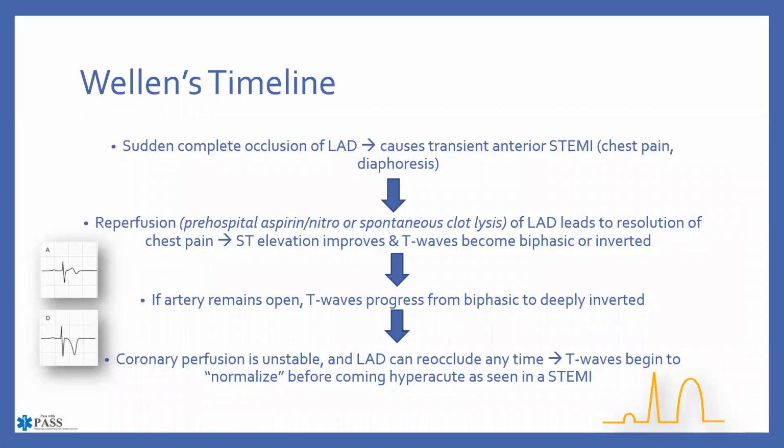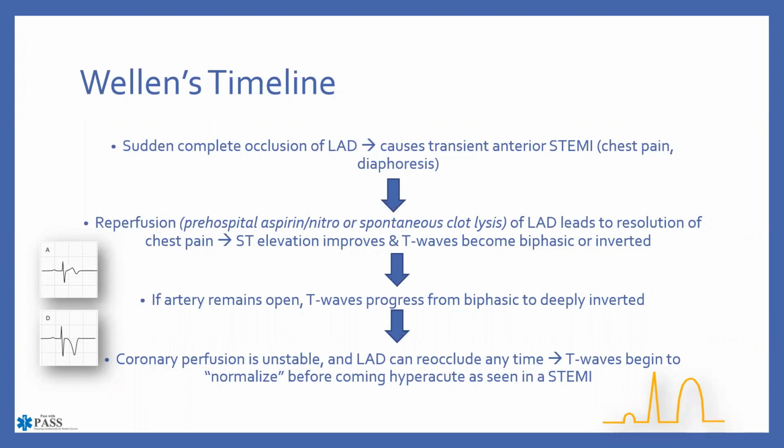So the Wellens timeline, just to go over what we've already mentioned: sudden complete occlusion of the left anterior descending. That LAD, remember, depending on where it's at in the LAD, feeds the circumflex, which is your lateral wall, it feeds the anterior wall, and it feeds the septal wall.